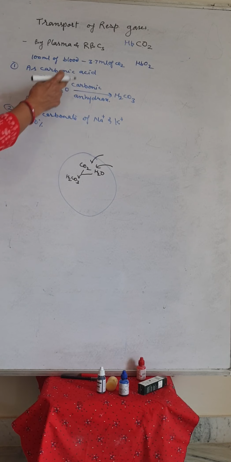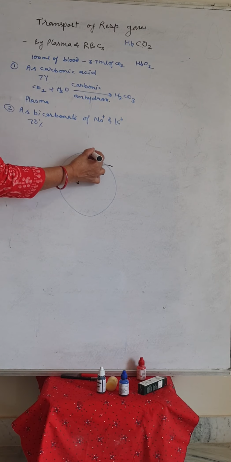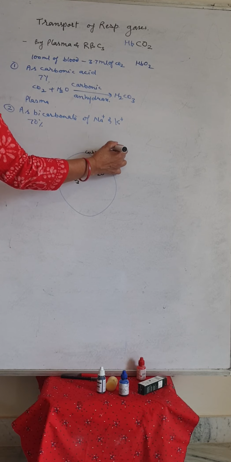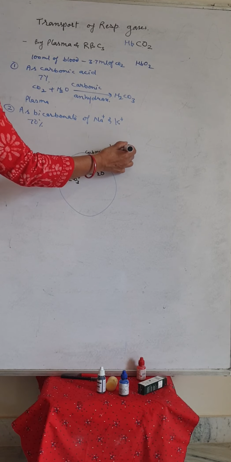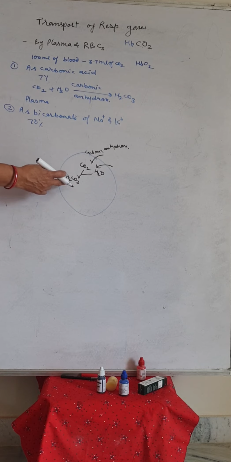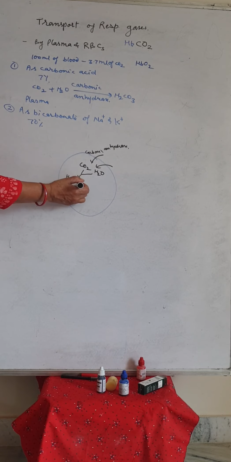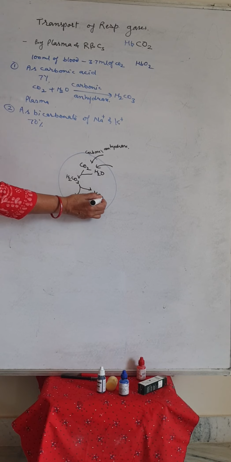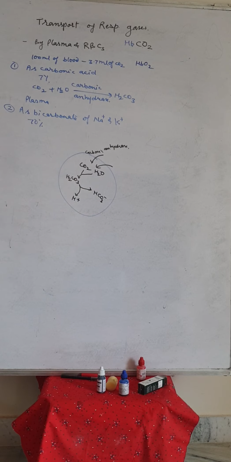The enzyme is the same, carbonic anhydrase. In the presence of this enzyme, carbon dioxide and water combine to form carbonic acid. This carbonic acid dissociates into hydrogen ion and bicarbonate ion.